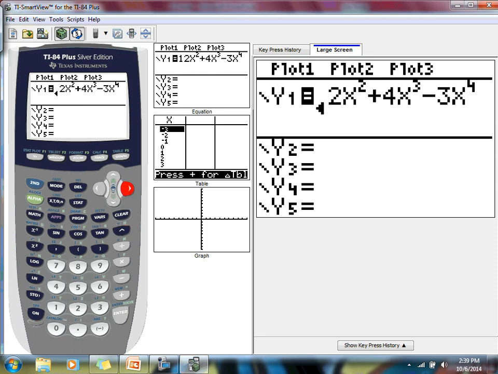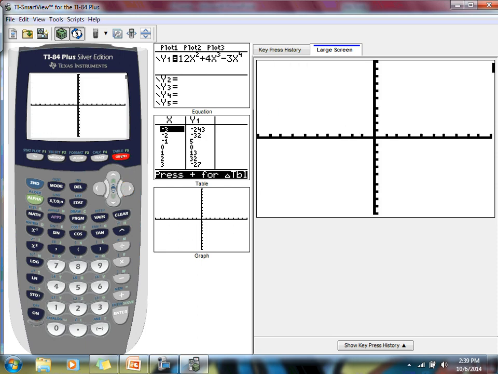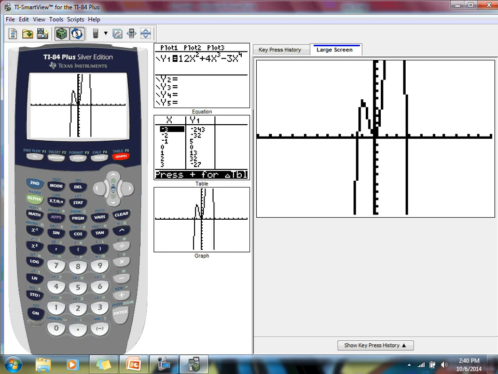Okay, so if I graph this, I'm kind of off on my window a little bit here. I can't see everything that's going on.